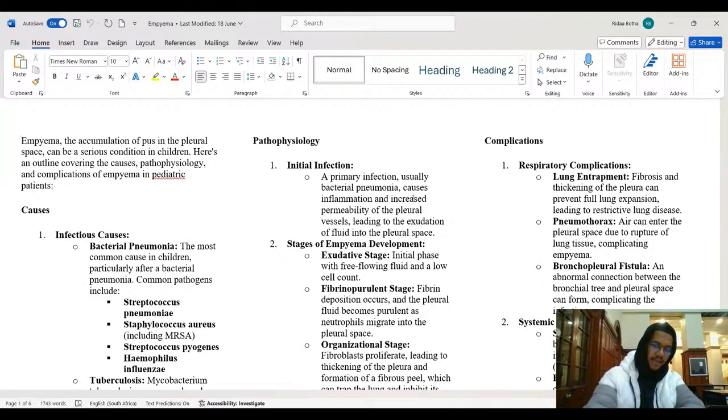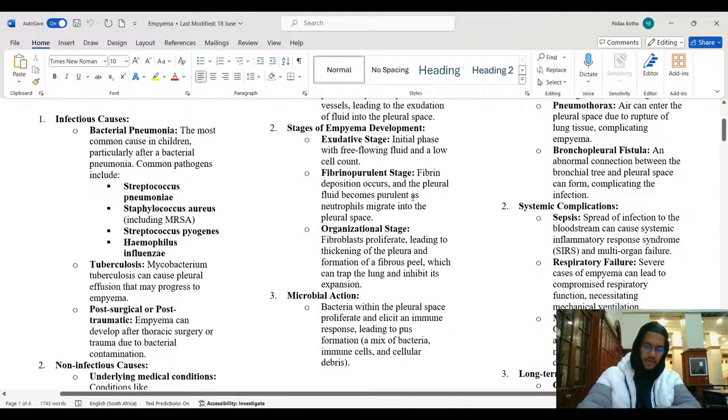You have lung entrapment, which refers to fibrosis and thickening of the pleura that can prevent full expansion of the lung and lead to restrictive lung disease. It can lead to a pneumothorax, as well as a bronchopleural fistula, which is an abnormal connection between the bronchial tree and the pleural space, indicating infection.